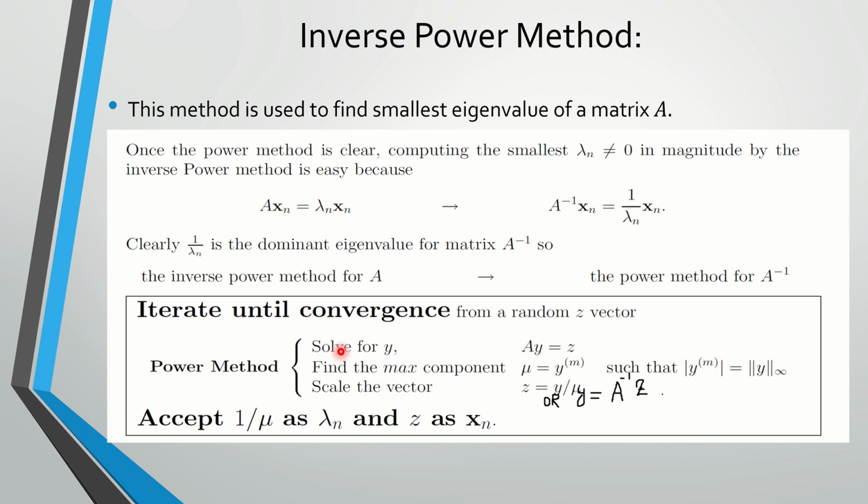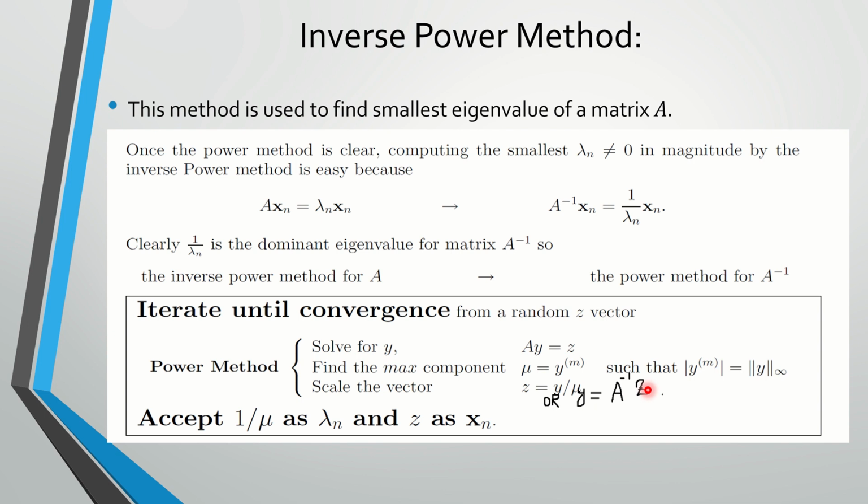So what would you do? You would simply find the inverse of the matrix first. And then in these steps, what they did basically is solve this system, because when you have A inverse into Z_k equal to Y, it could be written as AY equal to Z, and then you can solve the system of equations for Y. But otherwise, you can simply do that as well, that Y is equal to A inverse Z, and then repeat the same steps.